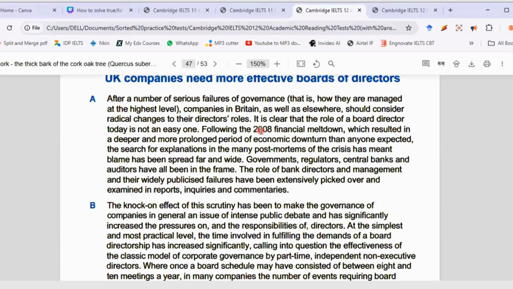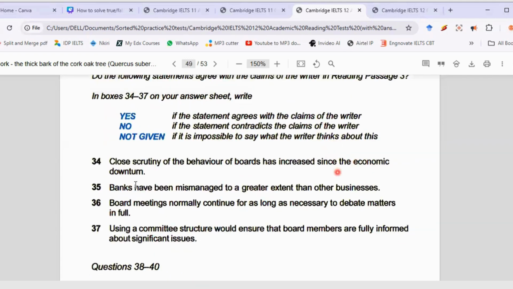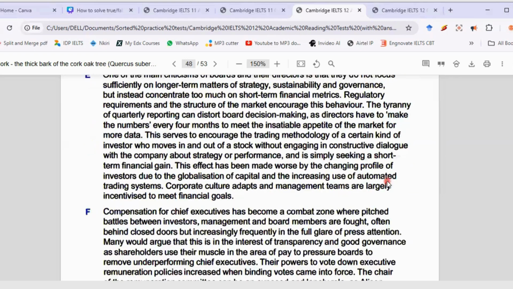So you need to scan more slowly for passage 3. Following the 2008 financial meltdown. Aha! Can you see paraphrase here? 2008 financial meltdown is referring to economic downturn. Notice they used an article for it. The economic downturn. That means it's referring to a specific economic crisis.